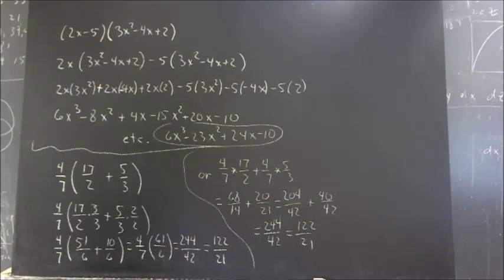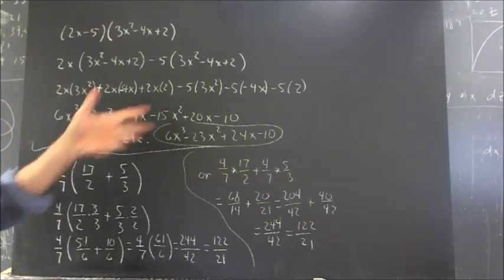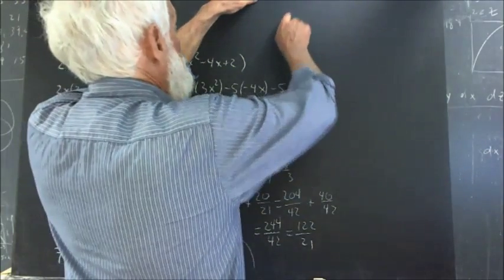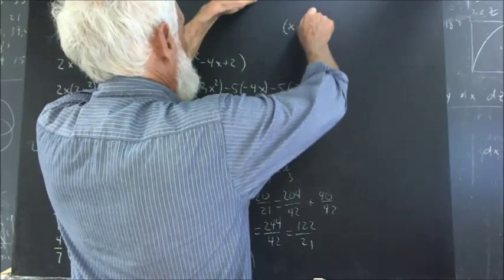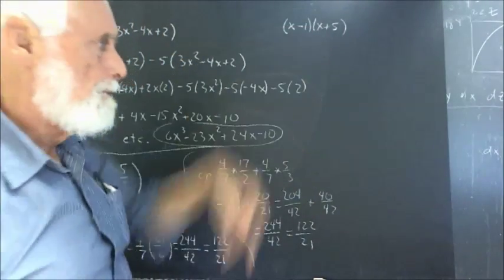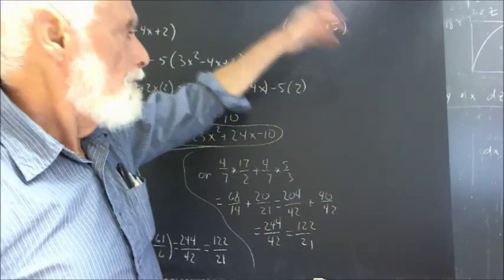Now that's an example of the distributive law, and I did warn people about using the distributive law where the instructions say to do it. If you did this, x minus 1 times x plus 5, it's not the problem on the page, but it's very similar.